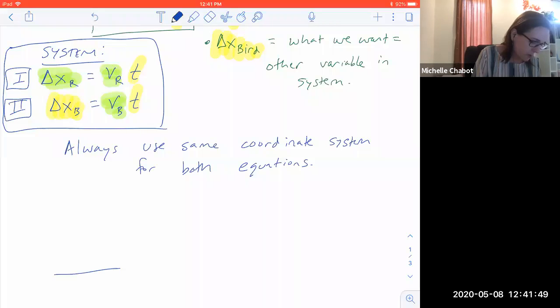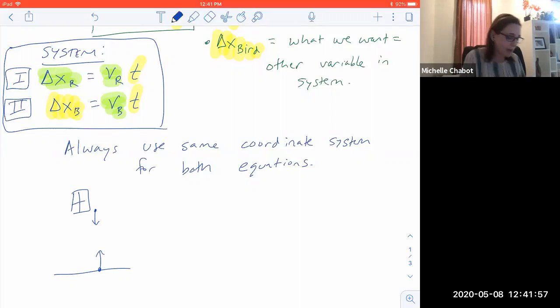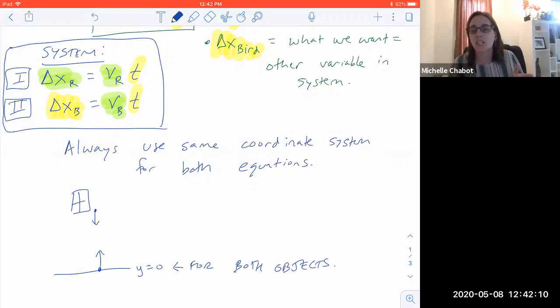But for example, when you have the one that you'll do in the problem where somebody's dropping a ball out of a window and somebody else is throwing one up from the bottom, you want to just take y equals 0 down here for both. Use that for both objects so that when you talk about a position, it's the same position, the same coordinate system for both objects.